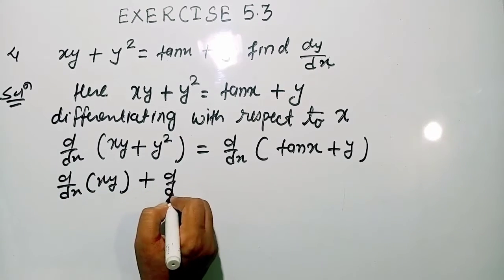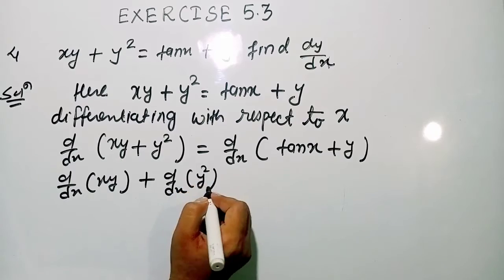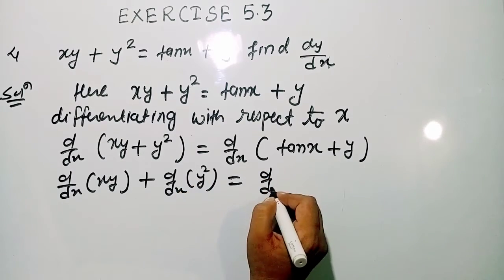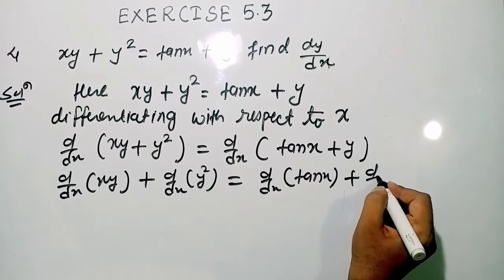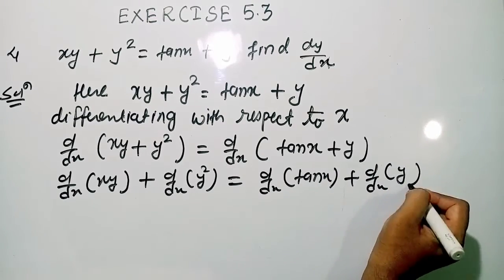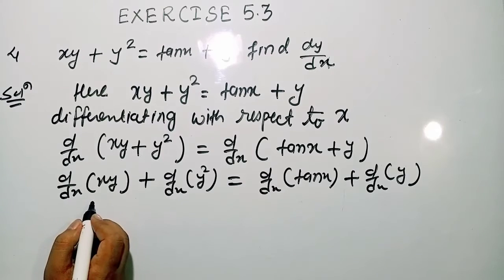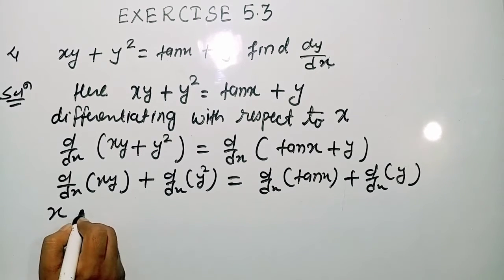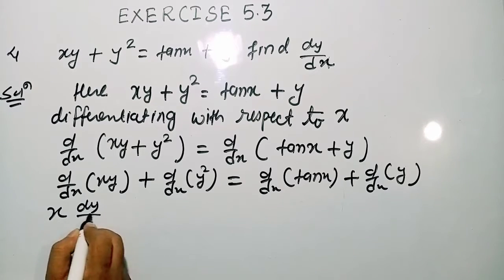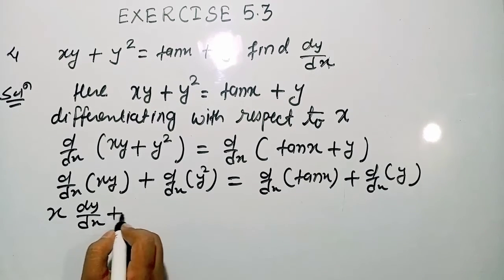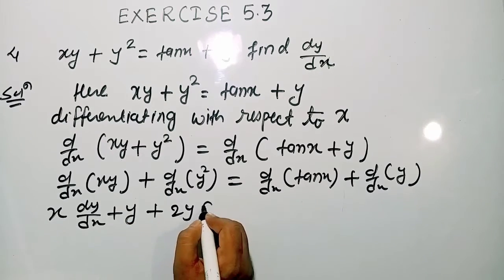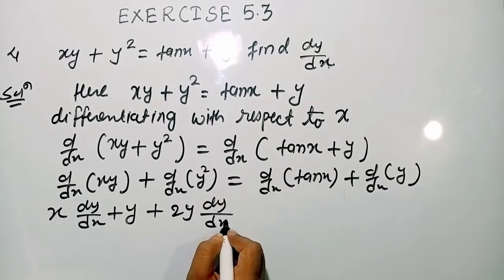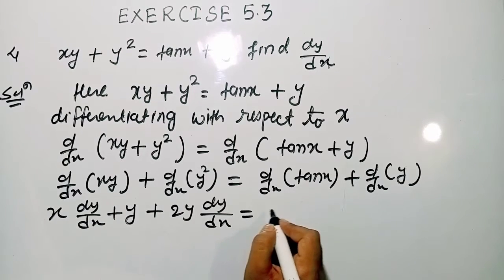Derivative of x into y plus derivative of y square, equal to derivative of 10x plus derivative of y. Here we will use the formula u into v. So x will be constant, differentiation of y, and now y will be constant, differentiation of x will be 1. Plus differentiation of y square is 2y and differentiation of y again, so dy by dx.